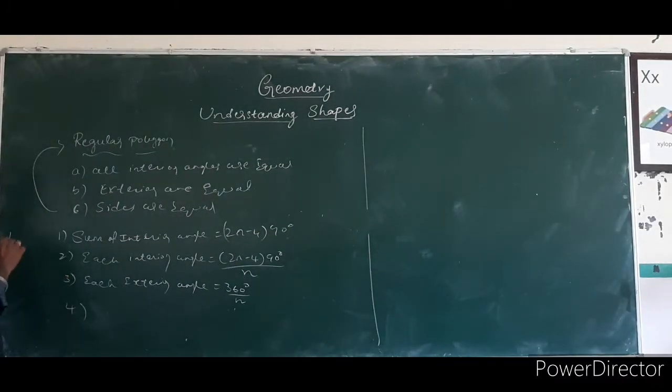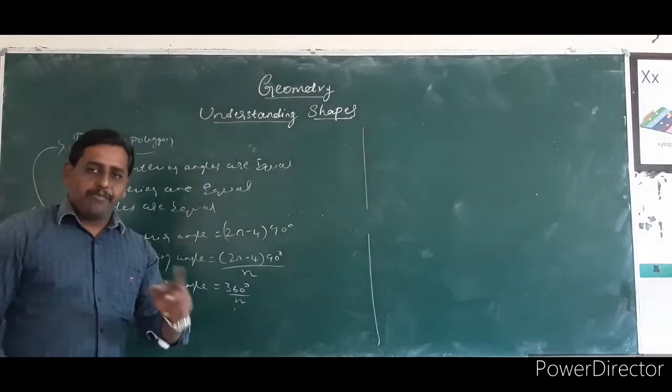If I consider one polygon and extend one side, any side, it creates an exterior angle, the angle outside the polygon.